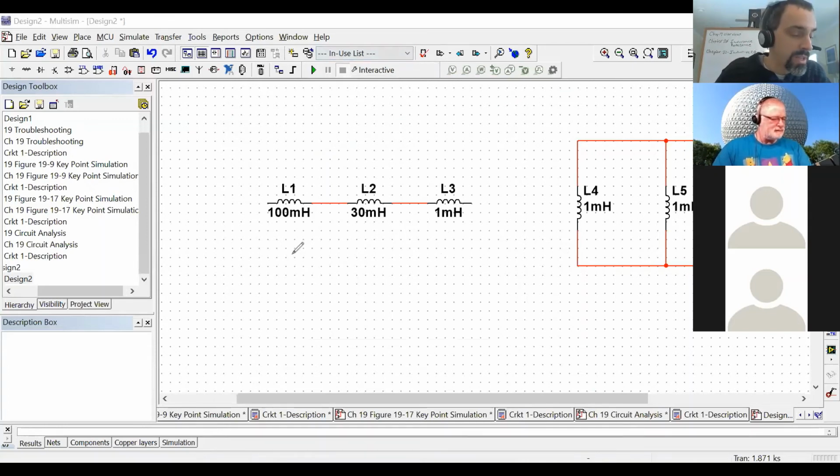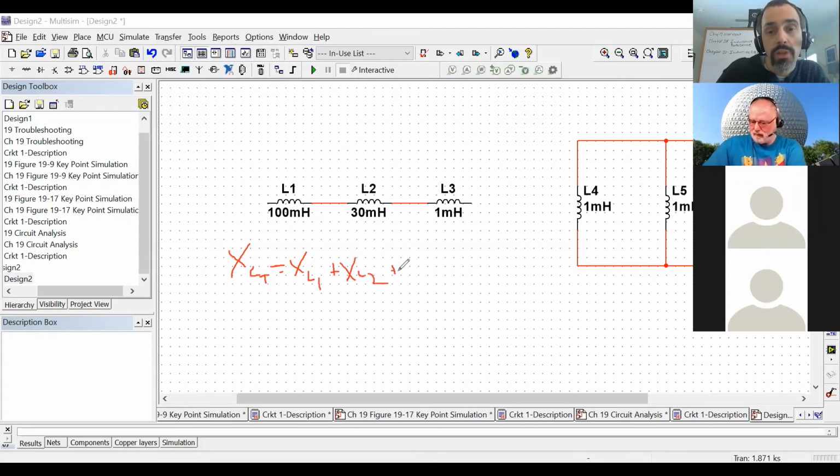So X sub L total is going to be X sub L 1 plus X sub L 2 plus X sub L 3.